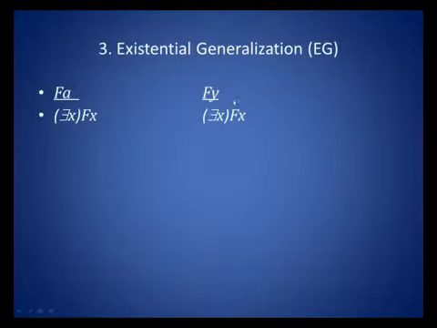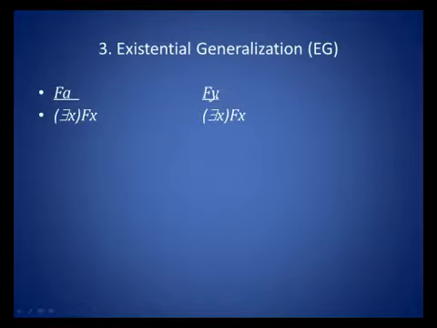So let's look at both these instances. In this case, I have a constant, and in this case, I have a variable. Let's look at the constant first on the left. So I have Fa. I can existentially generalize this by adding a quantifier to it and changing my constant to a variable that matches the variable in my quantifier.